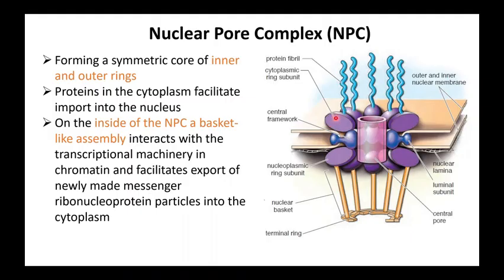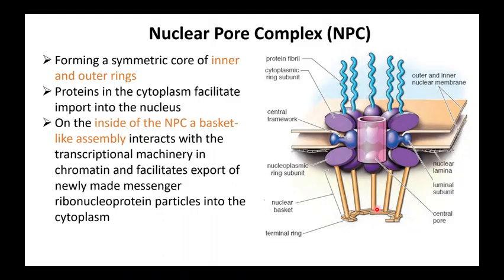This is the outer ring and this is the inner ring. Okay. This is the cytoplasmic ring and this is the nucleoplasmic ring subunit. Okay. Now, inside of the nucleoplasmic complex, look at this arrangement of the protein which is forming the nuclear basket.